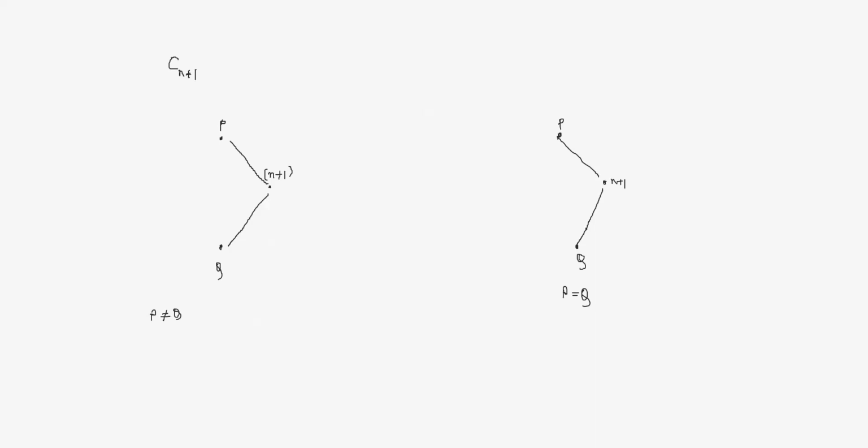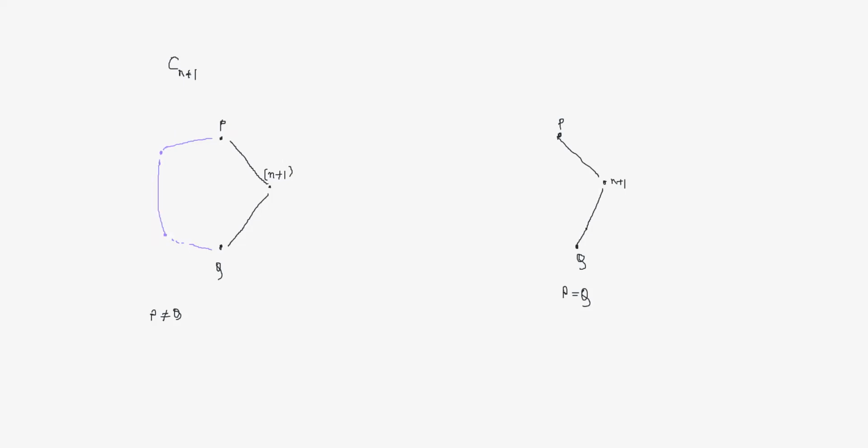Now, if P is not equal to Q, it's equivalent to the rest of the cycle, whatever we have. If these two are distinct, consider the cycle formed by these vertices, except the n plus 1th vertex.